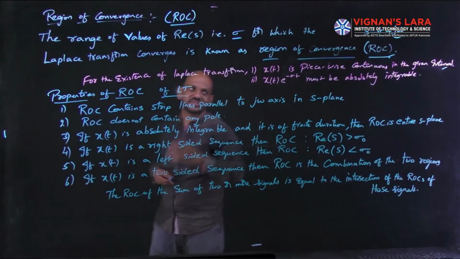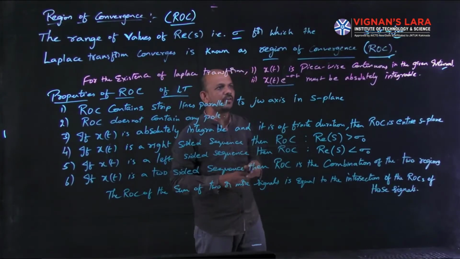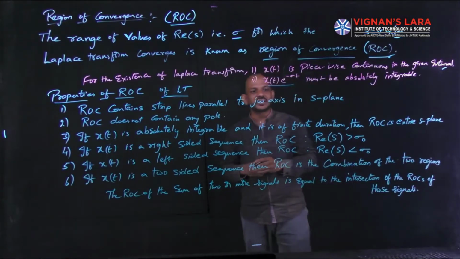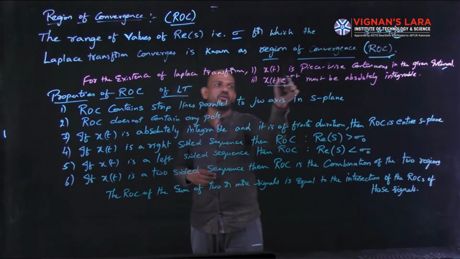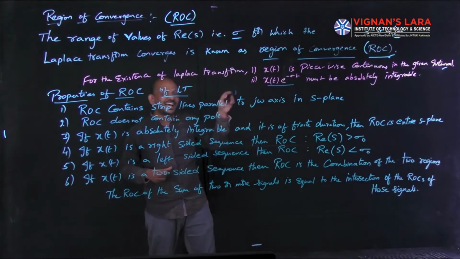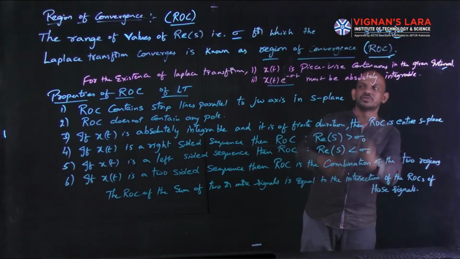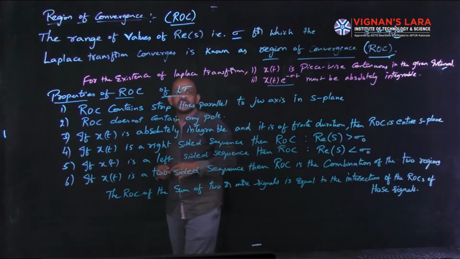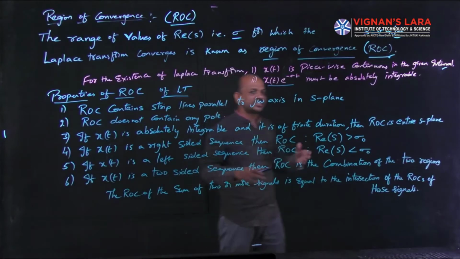And the second condition is that x of t into e power minus sigma t must be absolutely integrable. Simply, that is the integral of the mod of this value dt is less than infinity. That is, it will be a finite value. So the integration of this value must give a finite value. If these are satisfied, then we can say that the Laplace transform may exist.